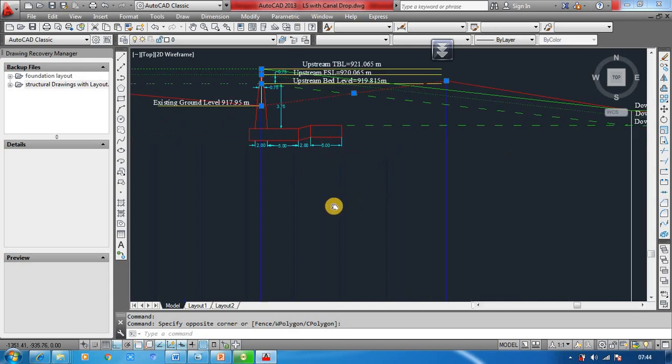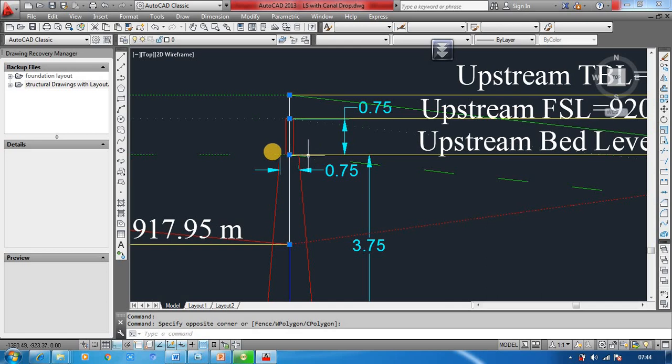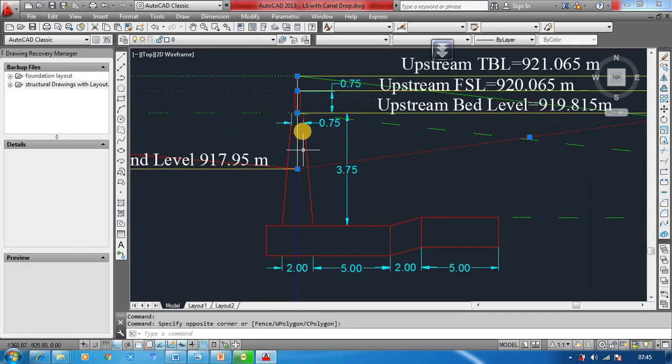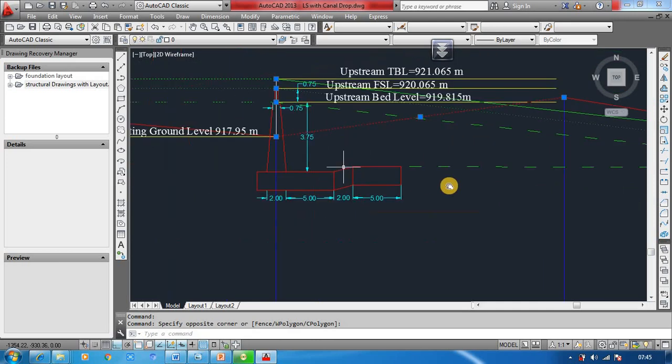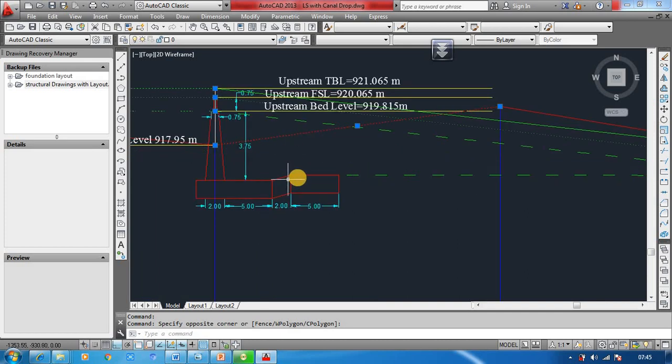Same thing you should draw in the longitudinal section. So here what you do, from the bed level you draw 0.75 at the bed level. 0.75 is the top width, bottom width 2 meter you can provide, and this height is 3.75. Do an offset, create this structure, and this side you can provide 1 meter extra, and then 2 meter, 5 meter. In order to draw this line, you extend the downstream bed level till here, and then join these two lines.